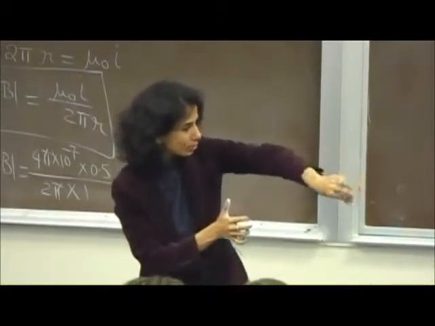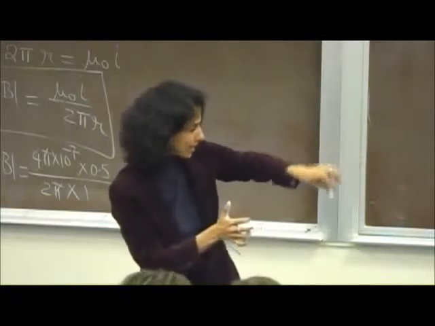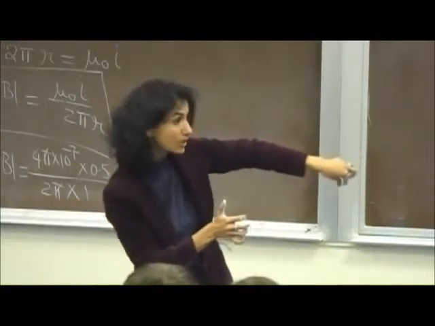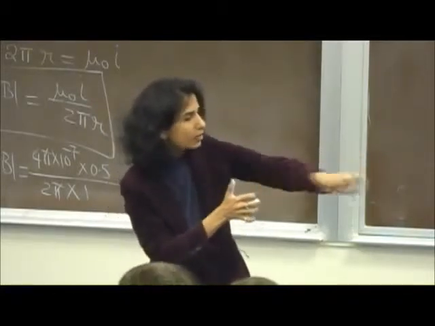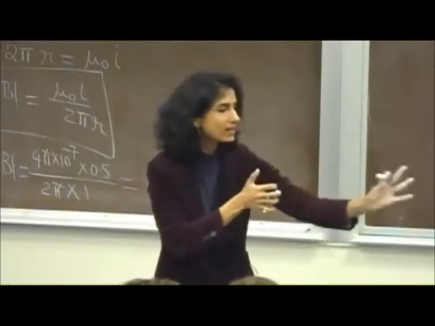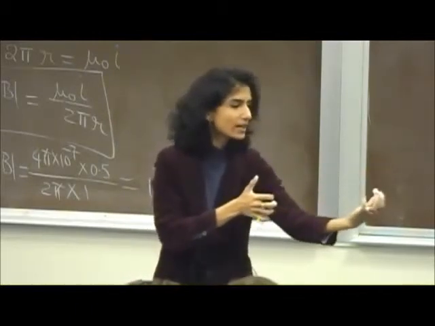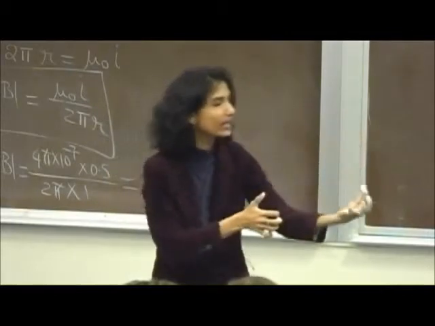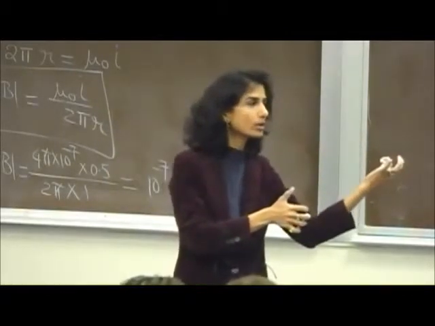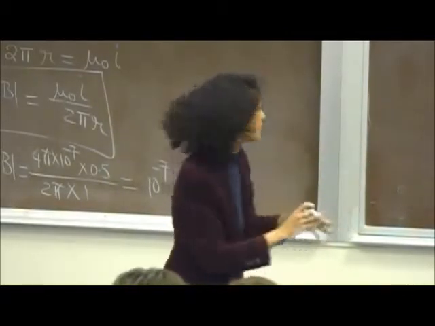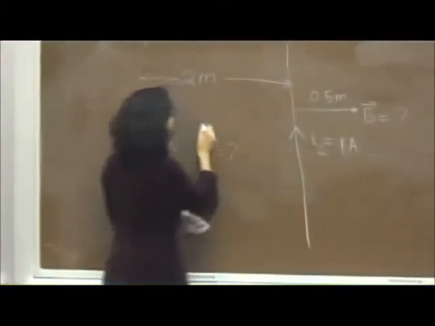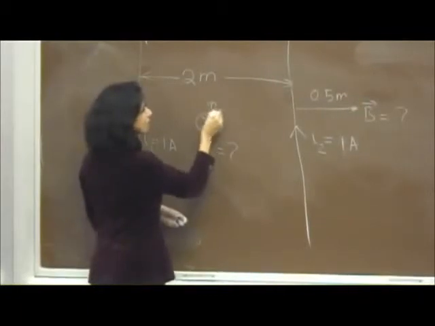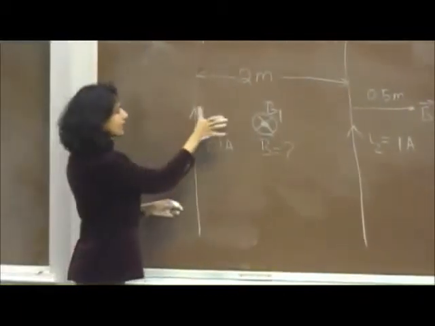If I ask you what is it here, you draw a tangent and you say it's like this. So in the plane of the two wires, does everybody see that over there, if it's counterclockwise, the magnetic field is actually pointing into the board? If we call this wire 1 and wire 2, is everybody convinced that over here B1 is pointing into the board because it's like this?